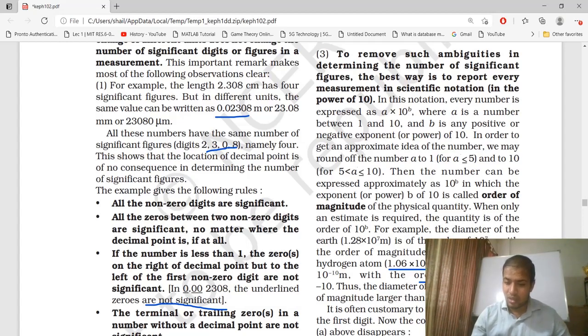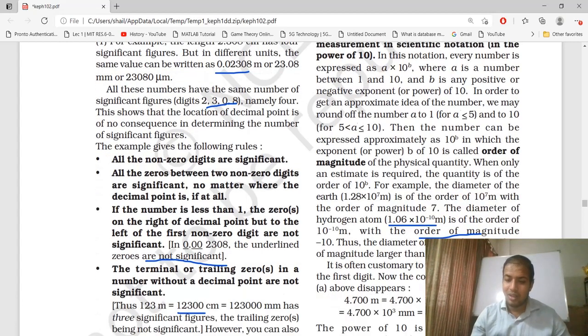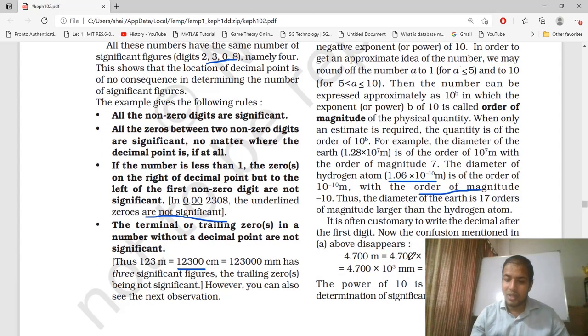It is often customary to write the decimal after the first digit. Now the confusion mentioned in A above disappears. 4.700 meter, we will write as 4.700 × 10^2 centimeter, and 4.700 × 10^3 millimeter, and 4.700 × 10^-3 kilometer.